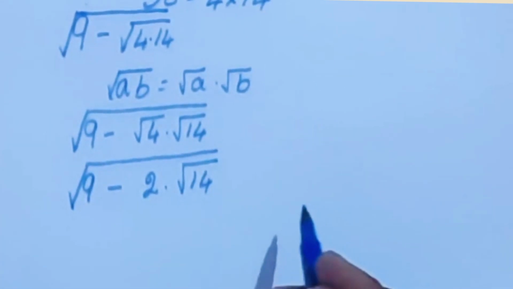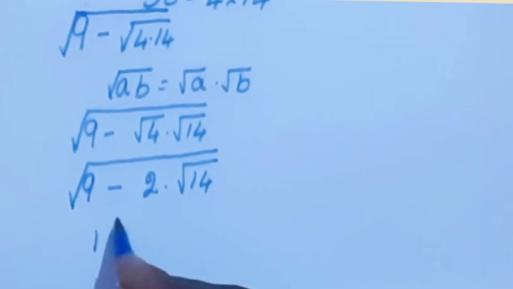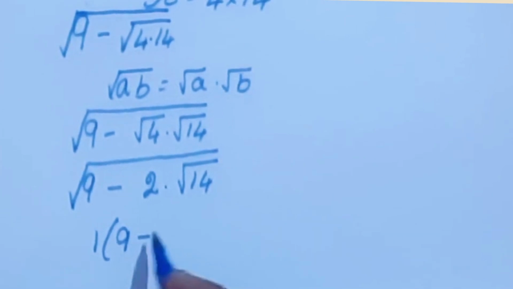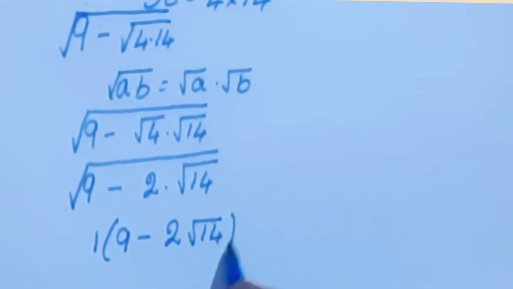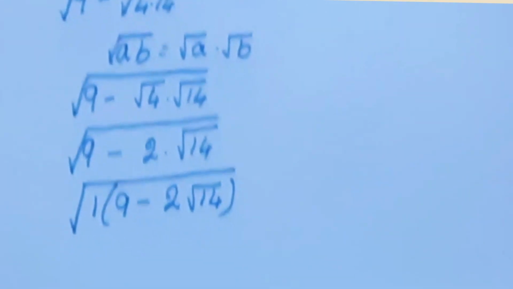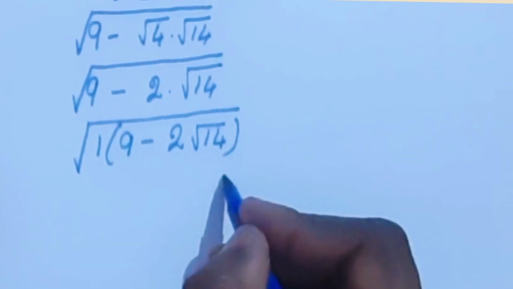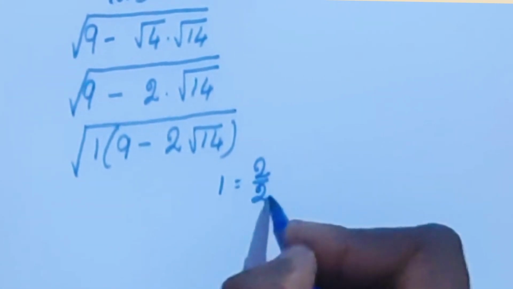Now here we are going to multiply by 1. So 1 times 9 minus 2 times square root of 14, in whole square root. Here this 1 can be written as 2 by 2.